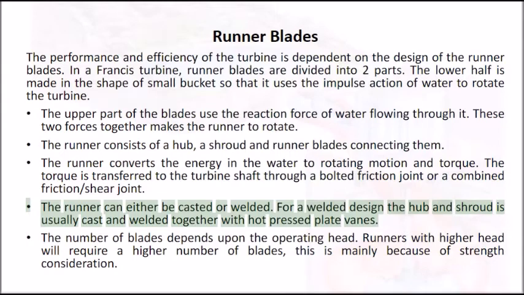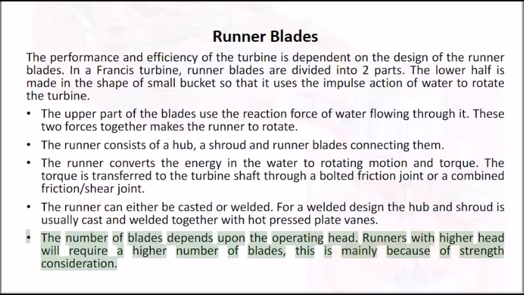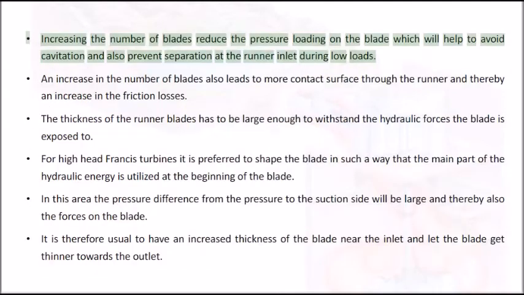The number of blades depends upon the operating head. Runners with higher head will require a higher number of blades, mainly because of strength considerations. Increasing the number of blades reduces the pressure loading on the blade, which will help to avoid cavitation and also prevent separation at the runner inlet during low loads.